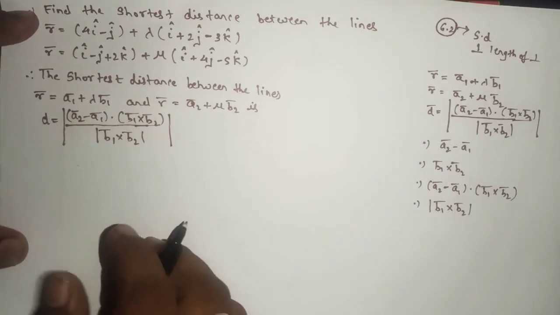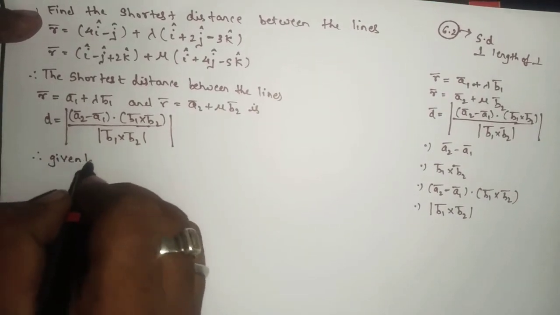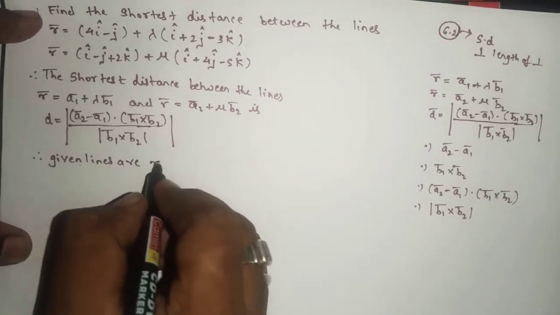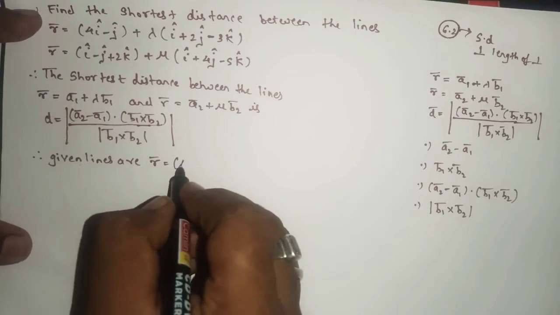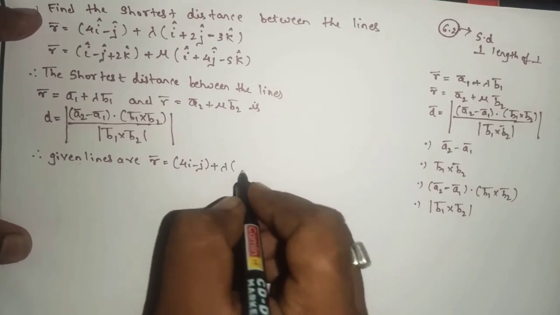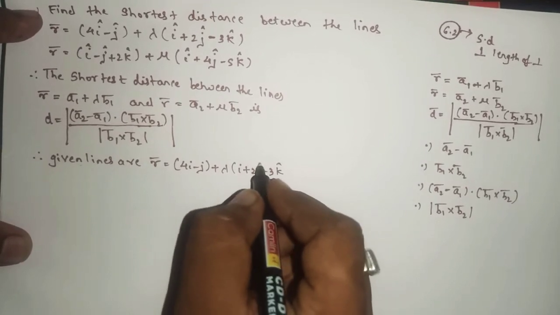Okay, so here the given lines are: the first one is r bar equals 4i minus j plus lambda times i plus 2j minus 3k.